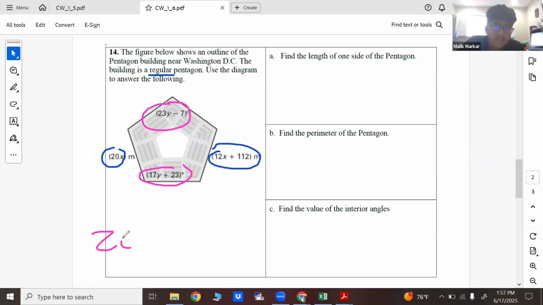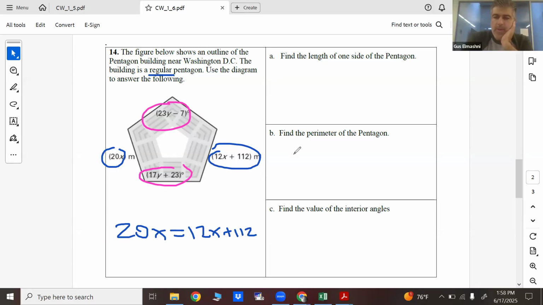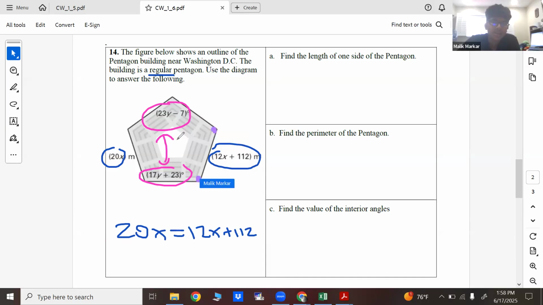So you're gonna do 20x, and then you get the side length and the perimeter, and then set these equal to each other to find the value of the angles. Wait, so would this angle also equal this angle and this angle and this angle? Correct. Right.